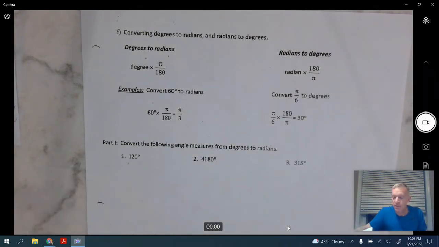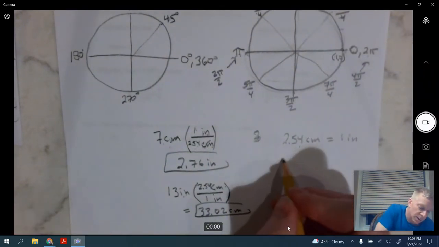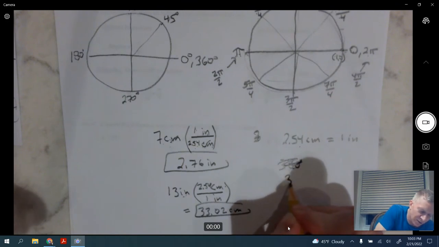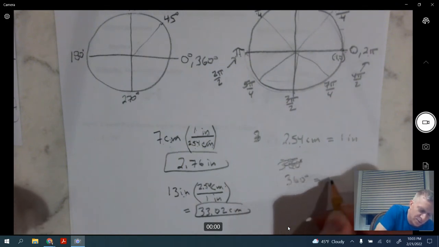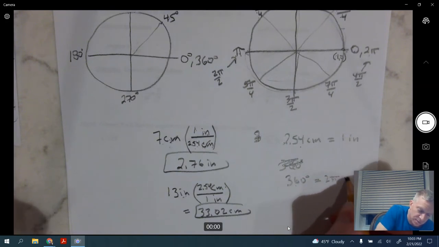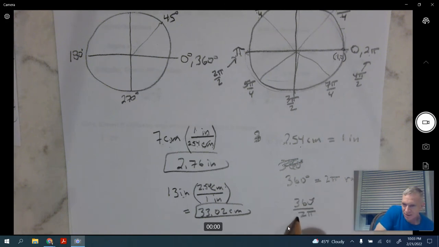Okay. But our conversion factor here, well, we know 360 degrees is equal to 2 pi radians. So your conversion factor is either 360 over 2 pi, which let's simplify.